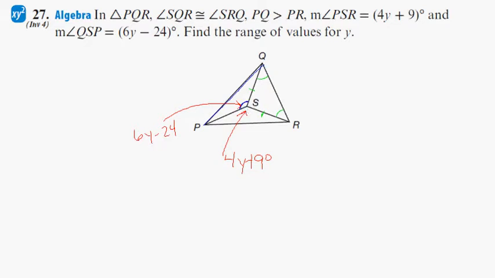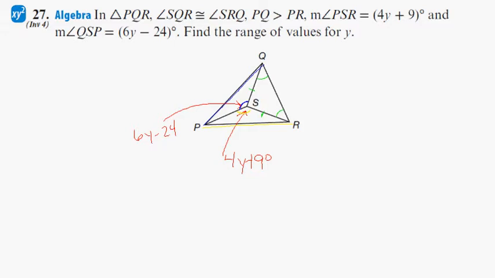And PR is opposite this angle right here, okay? Now we've been told that PQ is greater than PR, which means that this angle, the blue angle, has to be greater than the yellow angle, okay?